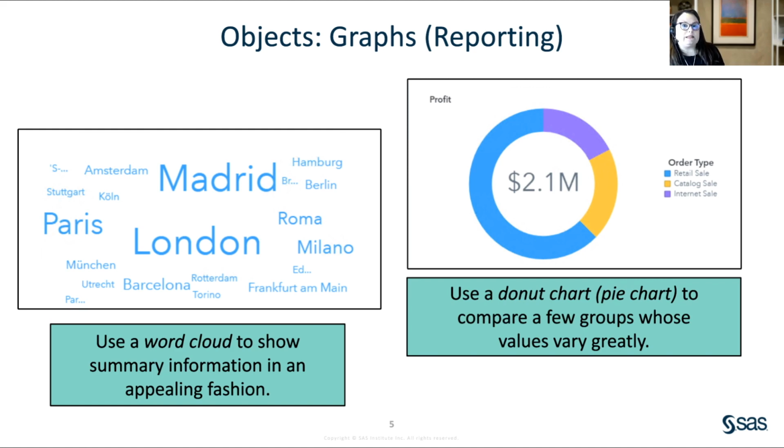We can always expand the objects to look at the table, but we really want our consumers to be able to understand the story at a quick glance. And sometimes, even if they are a very popular object, they may not be the best object for our data. So it's very difficult to compare the relative size in slices of the pie charts.